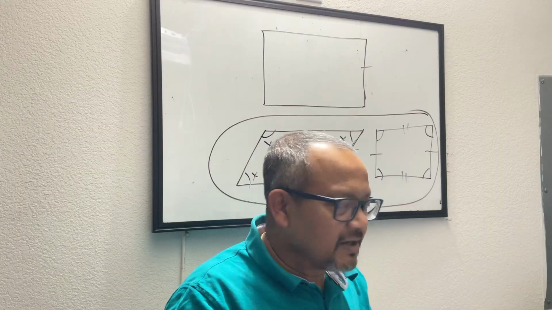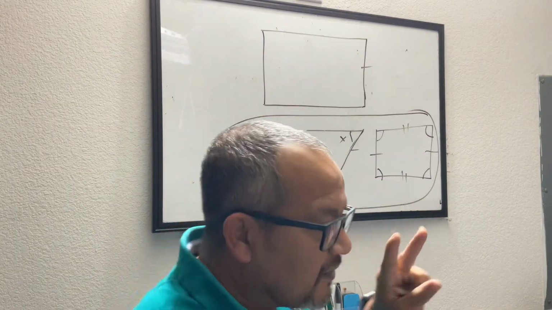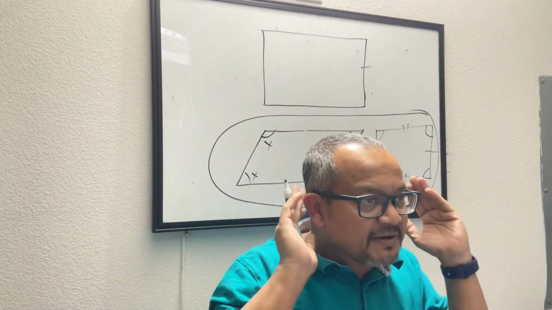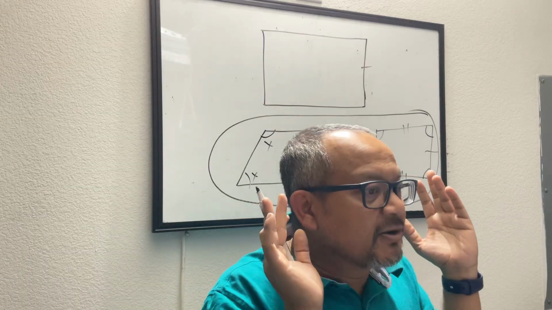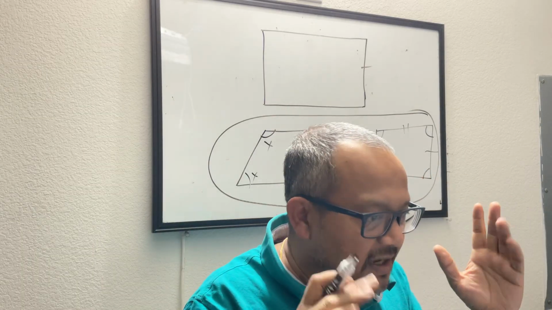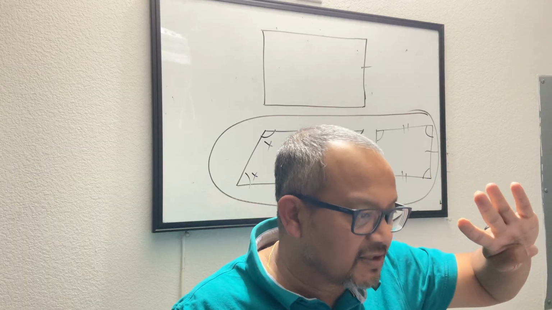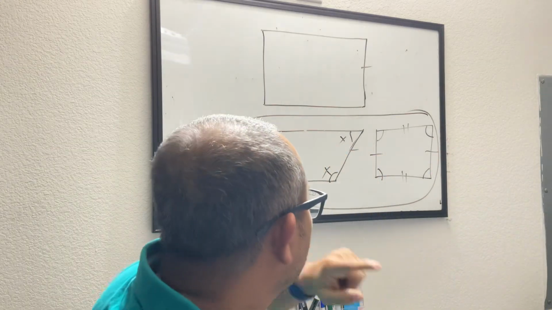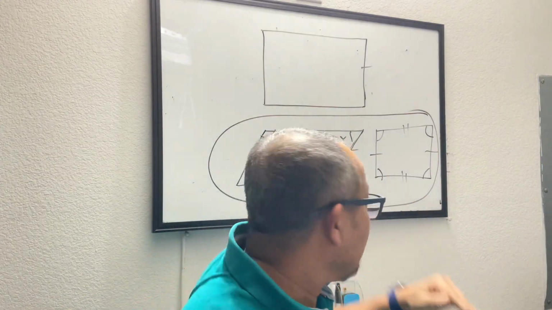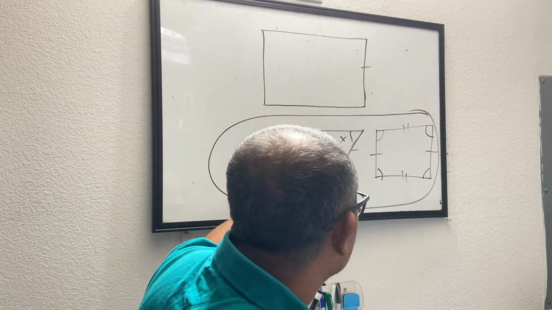Yeah, it's okay. Now let me repeat what a parallelogram is. A parallelogram is a quadrilateral, meaning 4 sides, with the only condition being that opposite sides are parallel and equal. That's it.